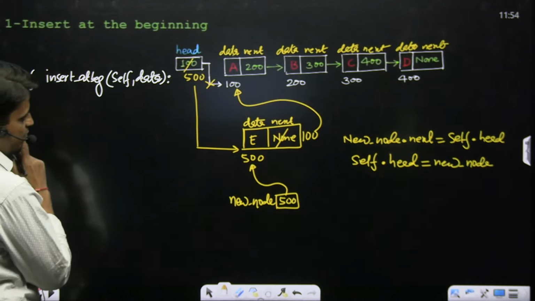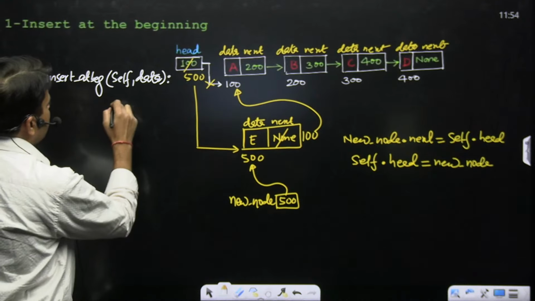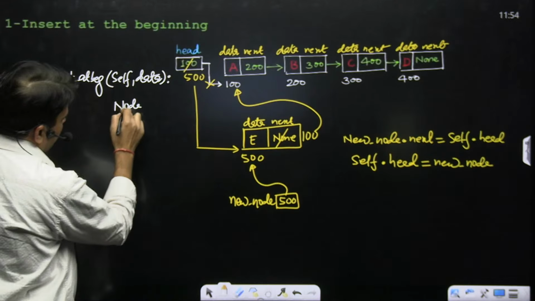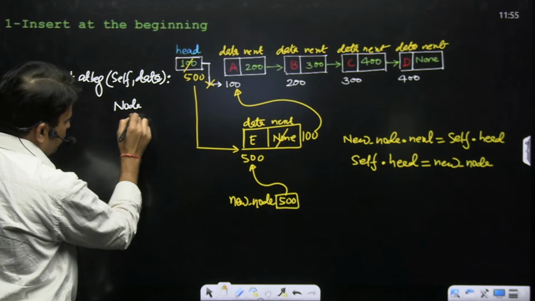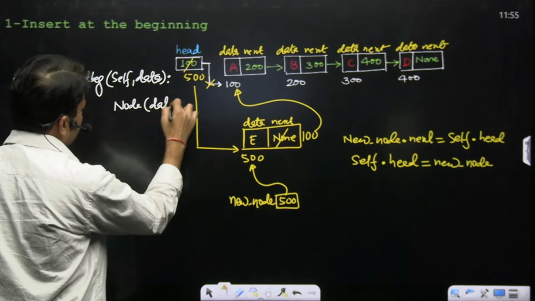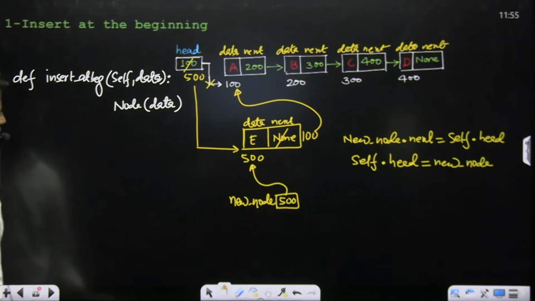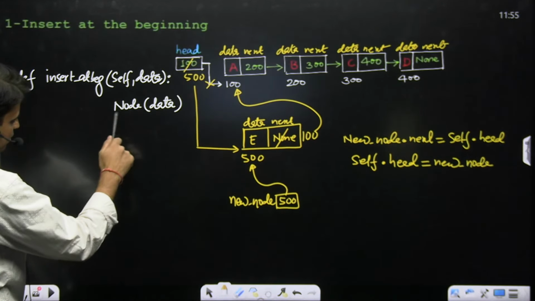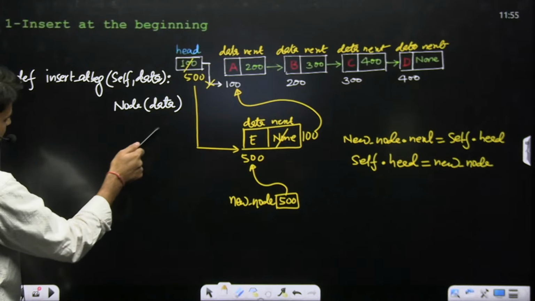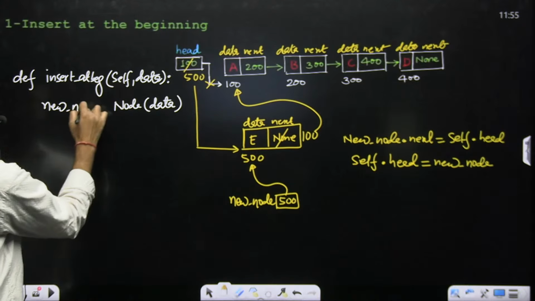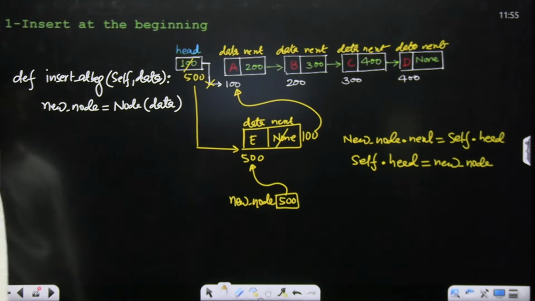First of all, allocate memory for a node. How can we create an object of the node class? Write the node class name and pass the data. When you write this line, the object of this node class is created and memory is allocated, and you assign it to new node.